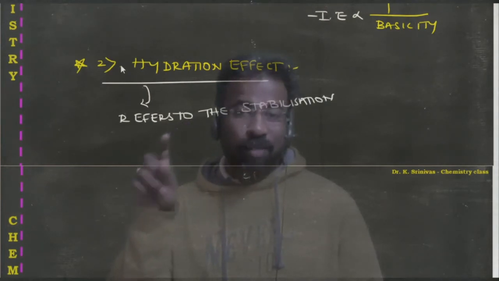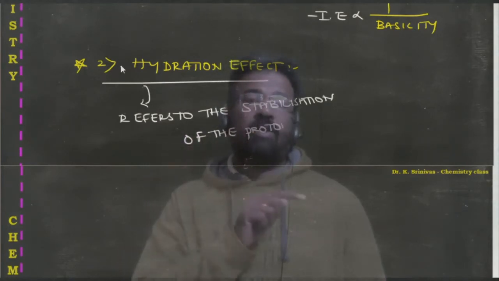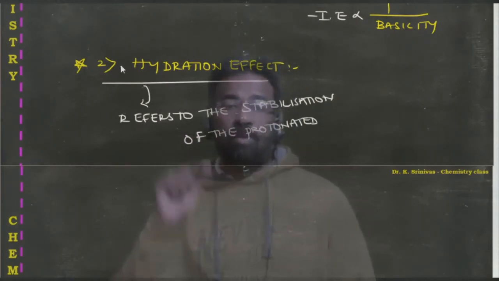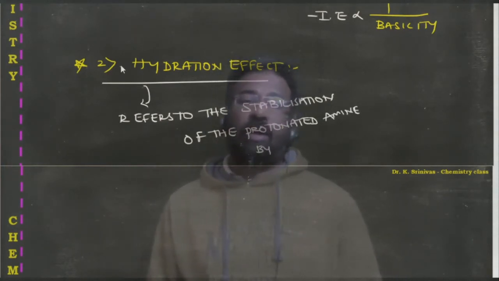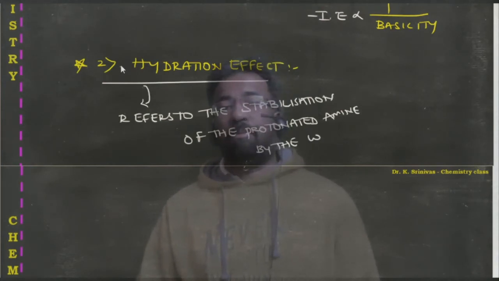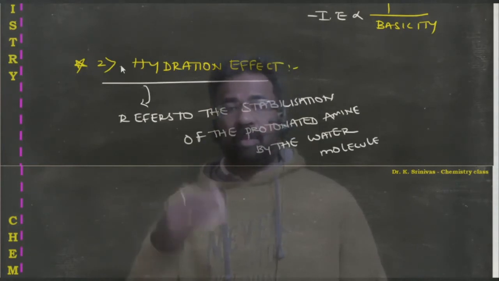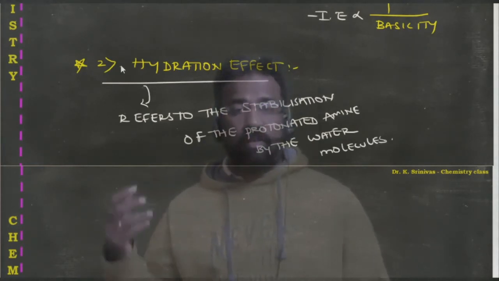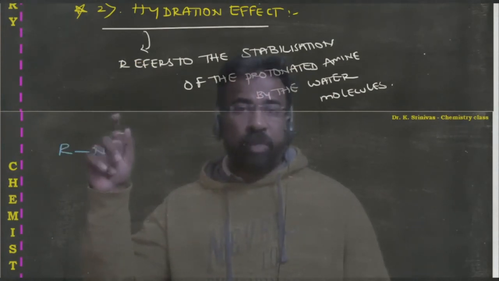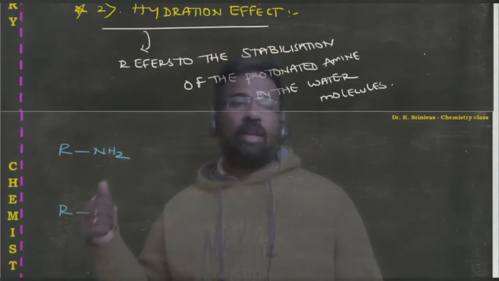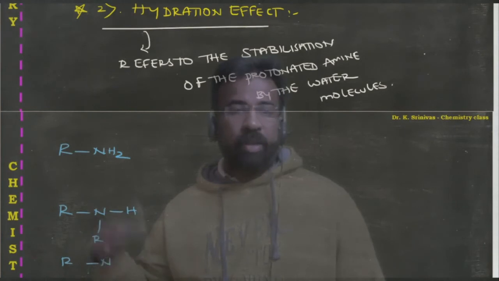It refers to the stabilization of the protonated amines by the water molecules. Let me repeat the same statement: the hydration effect refers to the stabilization of the protonated amine by the water molecule. Now here I am taking the primary amine, followed by the secondary amine, followed by the tertiary amine.